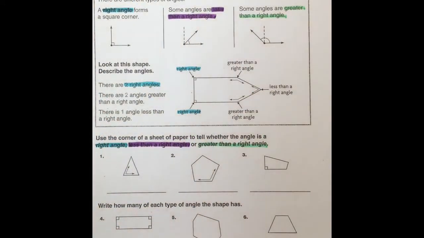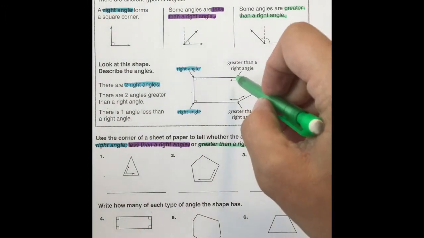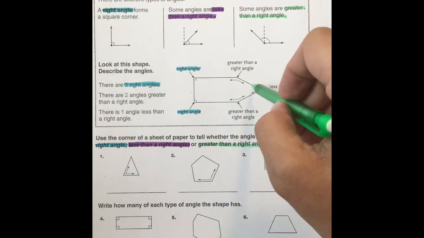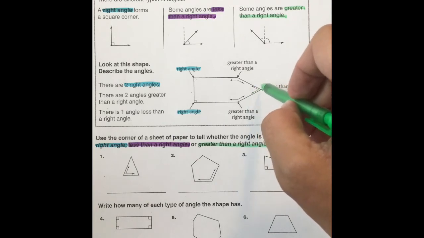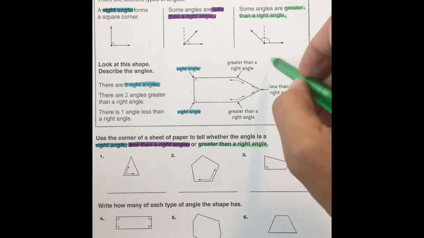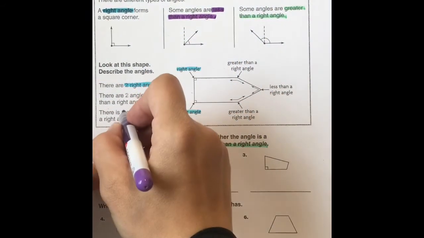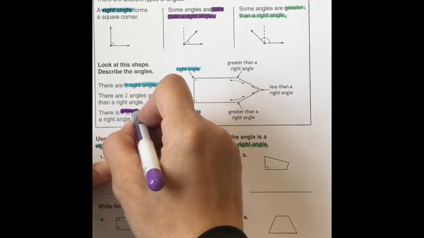Then I have 3 more angles to take a look at. It looks like these 2 are the same and this one is different. I'm looking at this one first because it's definitely not a right angle. It doesn't have a perfect corner, but it's not bigger than a right angle. It's actually less than a right angle. So there is 1 angle that is less than a right angle.